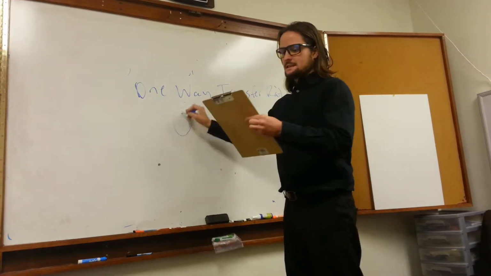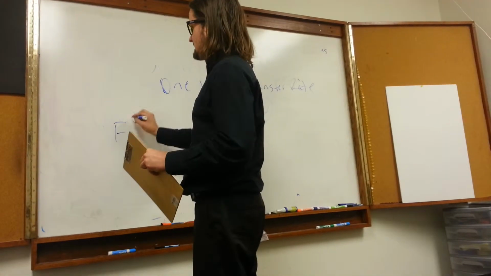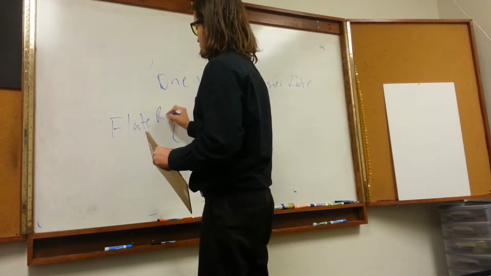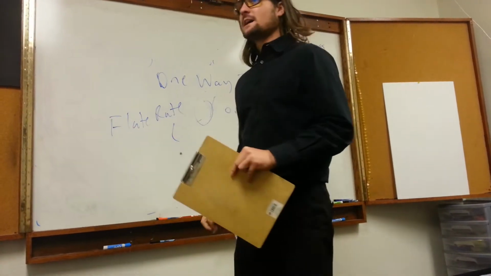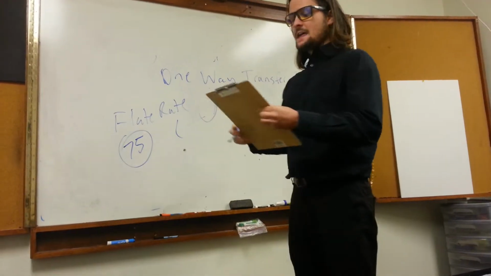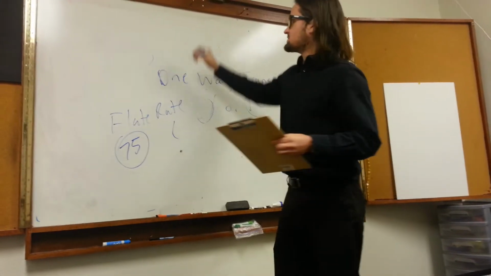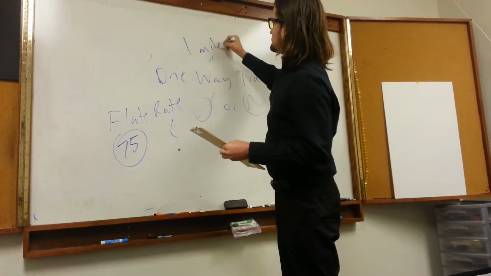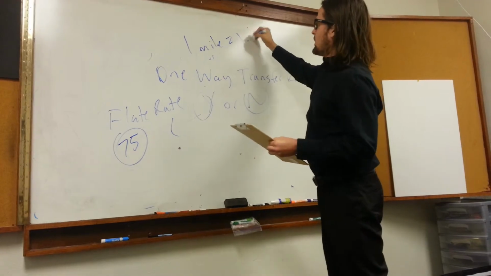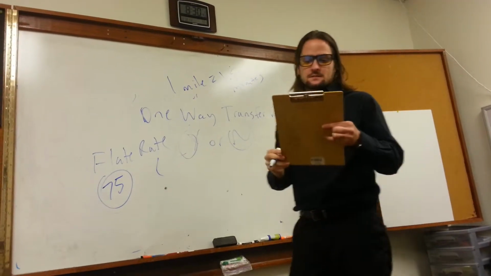If yes is selected, you could have a flat rate. Say the flat rate's $75, okay? And then you could have a standardization of miles to time. So say 1 mile equals 1.5 minutes, for instance.